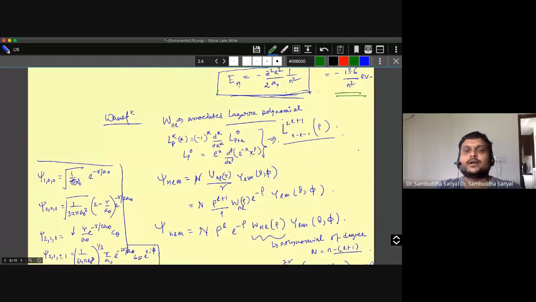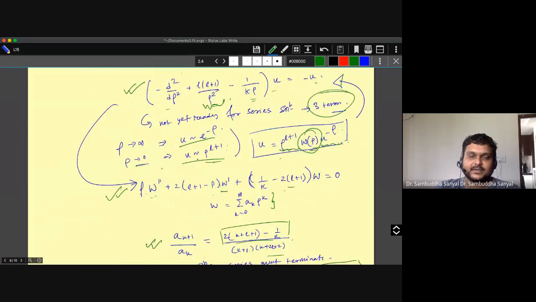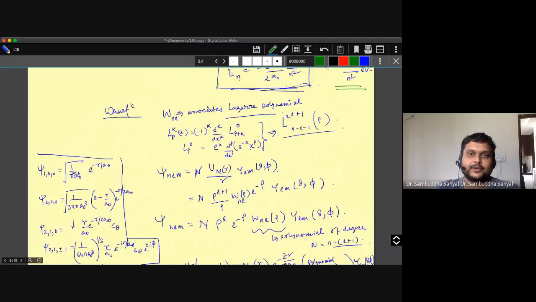Okay, so now we have worked out the energy levels. Now I want to work out the wave functions. So this is my equation to be solved. I want to know what these W polynomials are. This is a kind of equation which we have already seen earlier, and these solutions are called associated Laguerre polynomials.